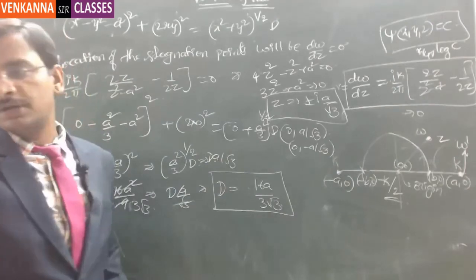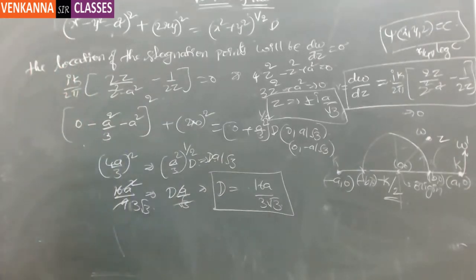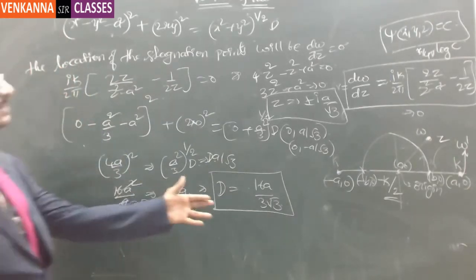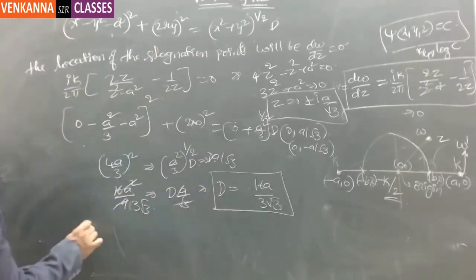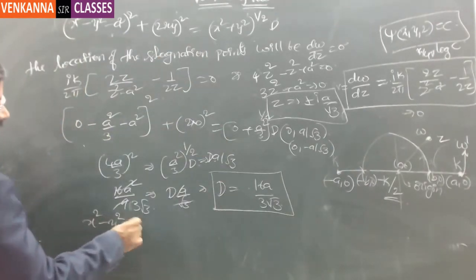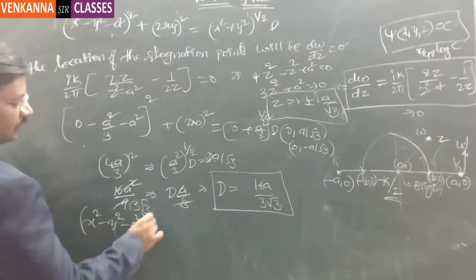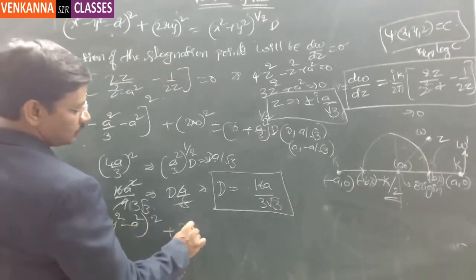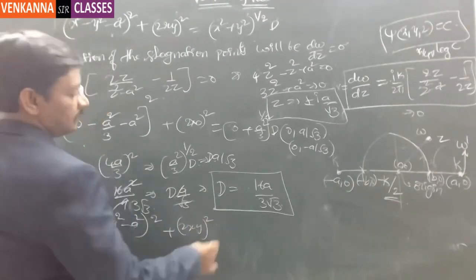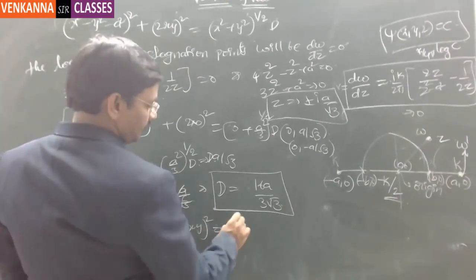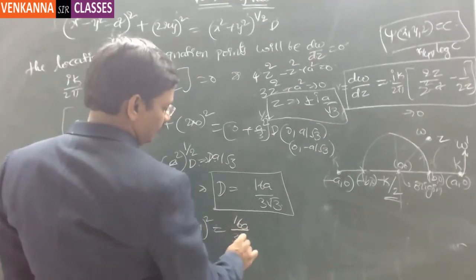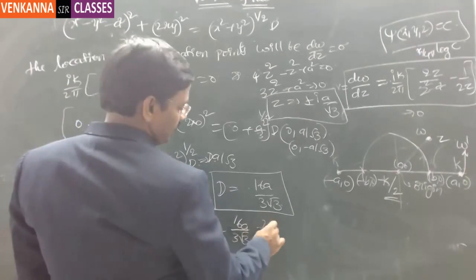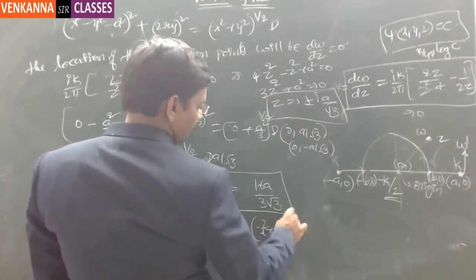So this is the arbitrary constant which we found. If we substitute it here, that is x square minus y square minus a square whole square plus 2xy whole square is equal to 16a by 3 root 3 times x square plus y square whole power 1 by 2.